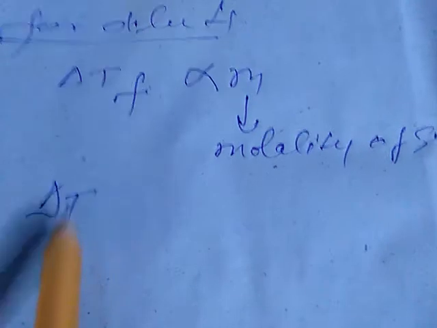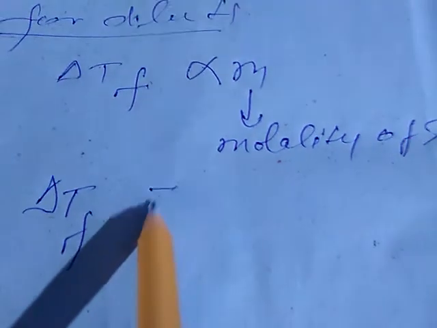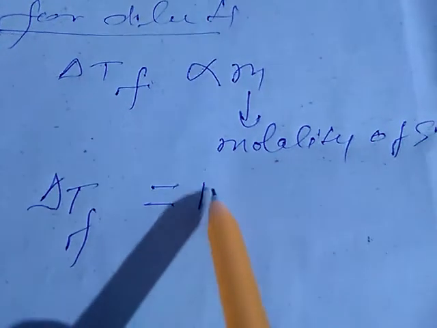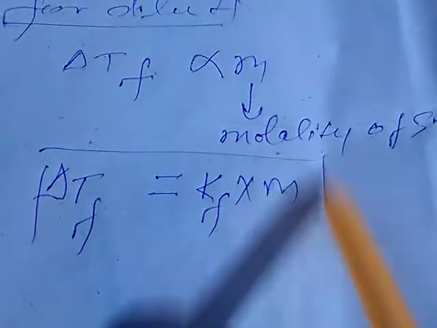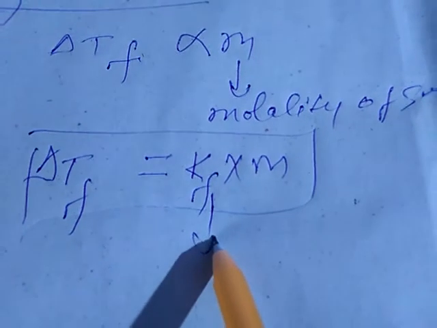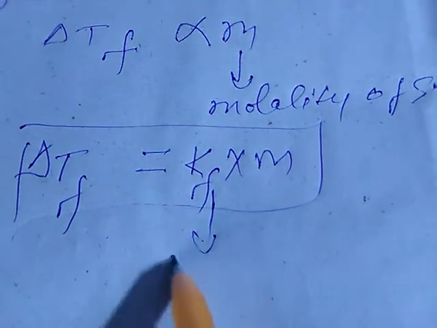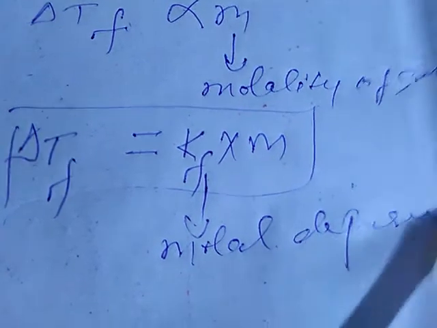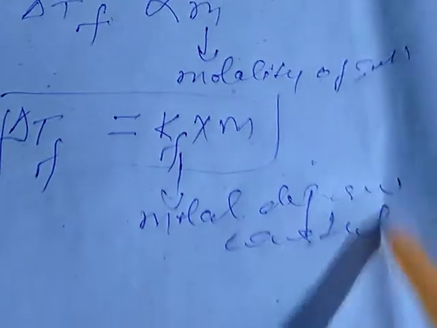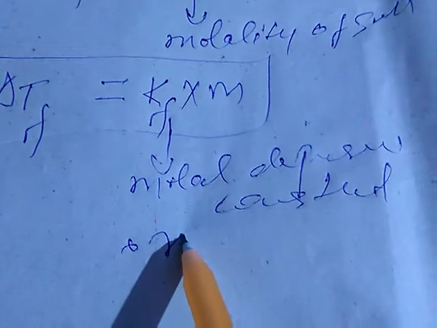Delta Tf, we will remove the proportionality sign with the sign of equal, and here will come a constant Kf into m. And this Kf is a constant known as molar depression constant, or we can also call it the cryoscopic constant.